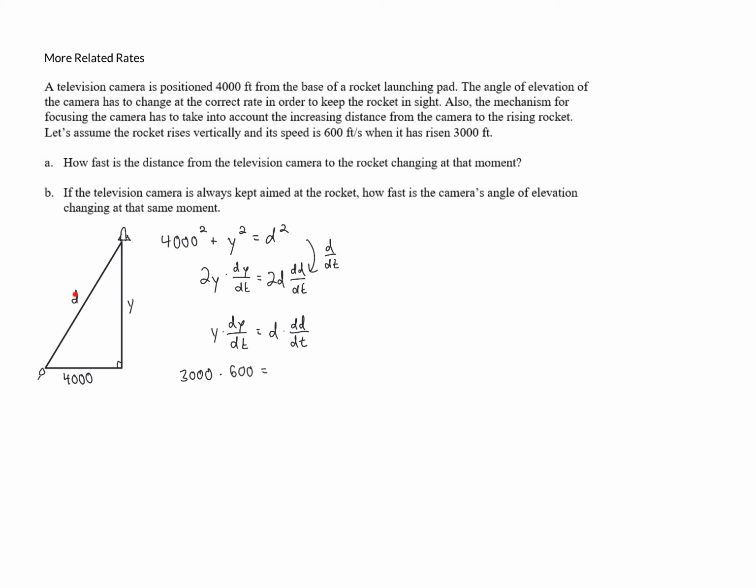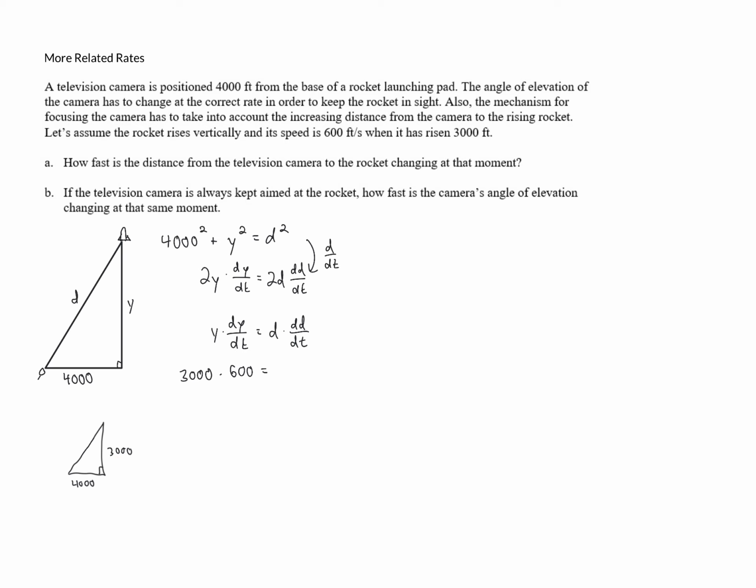Now, at that point in time, I'm going to draw a really bad sketch of this, but at that moment, we know we've got 4,000 for the base. We said that y was 3,000, and so we need to figure out what that distance is. We can use the Pythagorean theorem, but there is a shortcut if you know your right triangles.